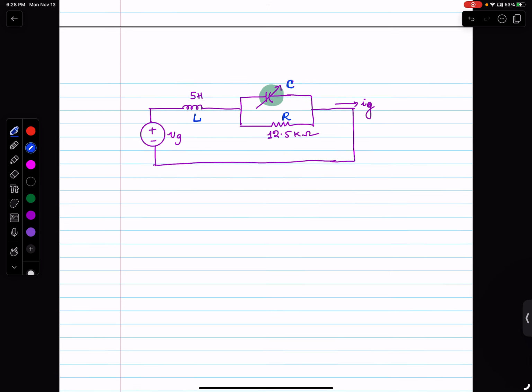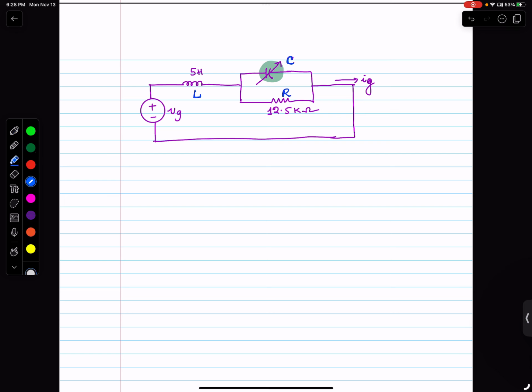Okay, now what we want to notice really is that if you think about it, there are two impedances here. There is one impedance ZL, okay, there, and there is another impedance here, which is the equivalent of these two.